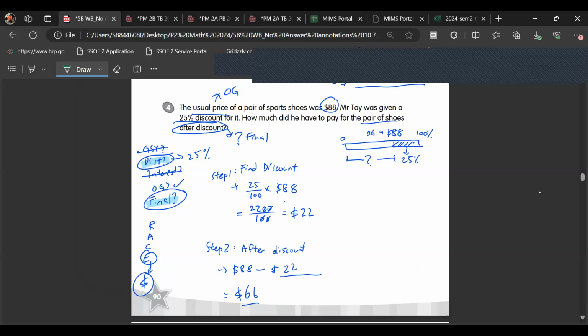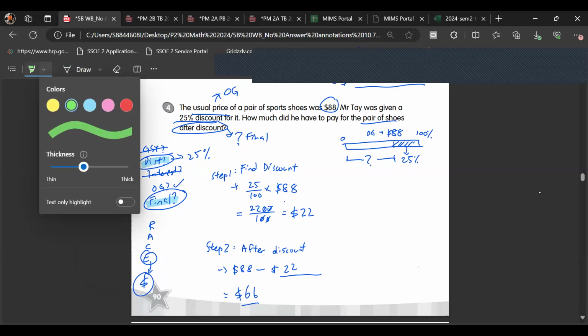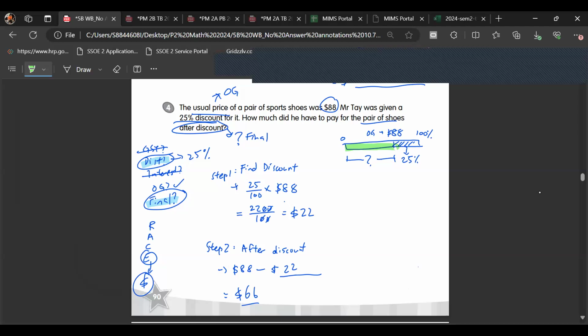Now, I know this is going to be cut off, so the final price is here. This part here, I can immediately get. The final price is 100% minus 25%. I can immediately get 75%, sorry, not $75.